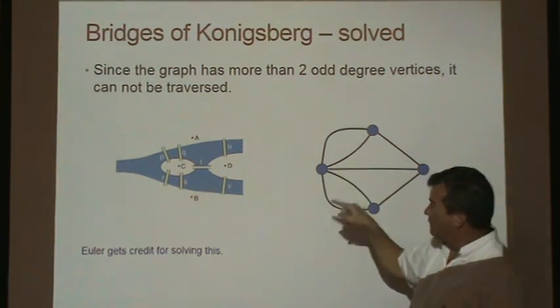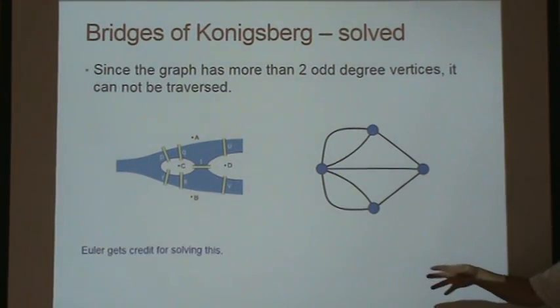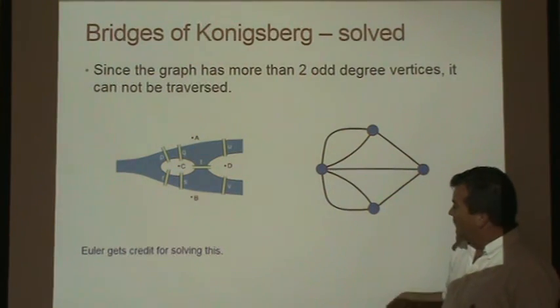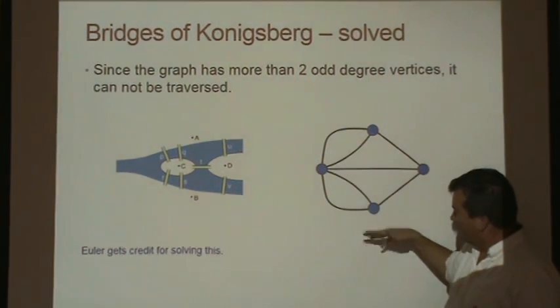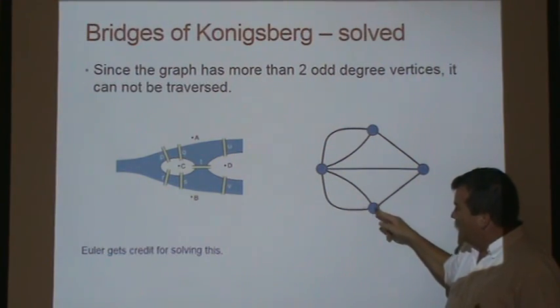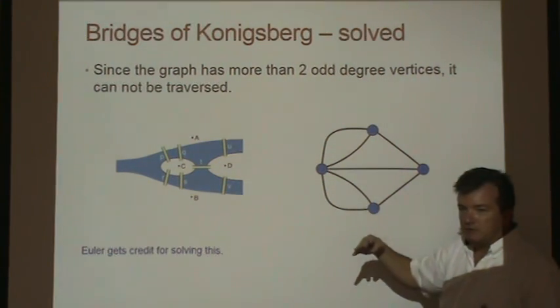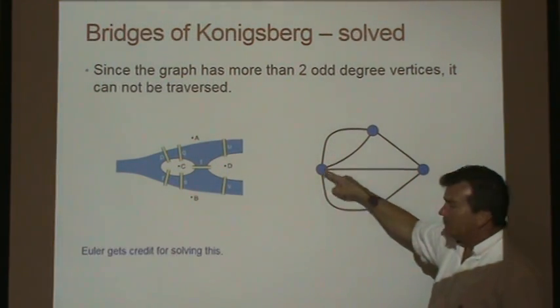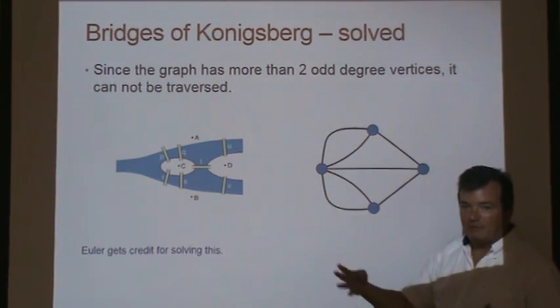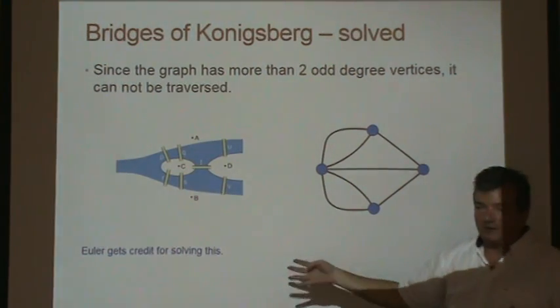So since all 4 of the points have odd degree, if we were to do a walk and hit every edge, we'd have to start somewhere. Wherever we start, we'd have to finish, without a doubt, somewhere else. But the 3 other vertices, since we didn't start there, we would have to finish there. But we can't finish in 3 different places.